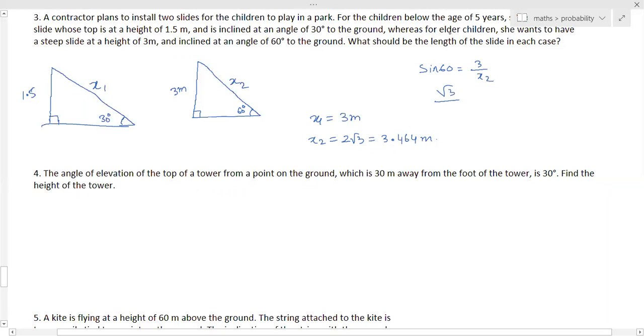You will get 2 root 3, that is 6 root 3 by 3. It's 3.464, right? Yes. Okay.